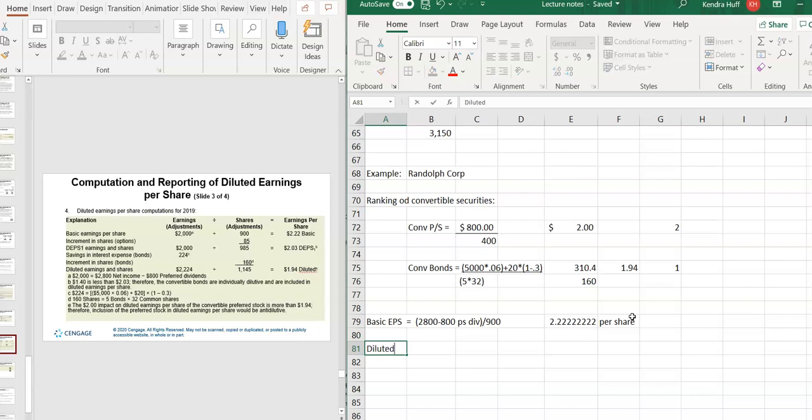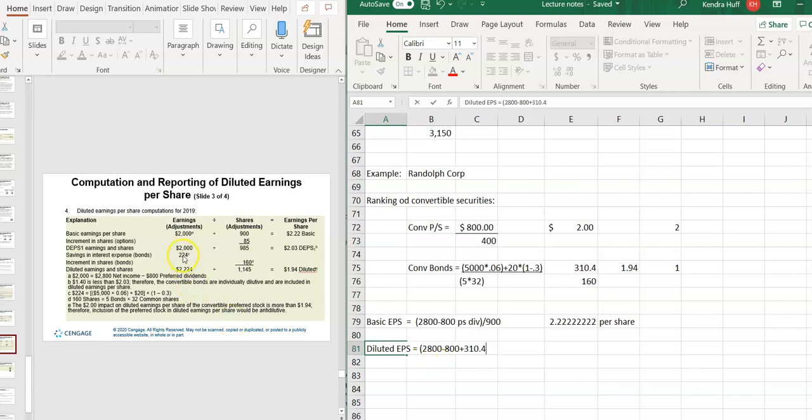Then for diluted earnings per share, it's kind of funky how they do it. They're going to do the bond stuff first. Okay, so it's going to be the 2,800 minus the 800, plus, in my case, 310.40, so we're going to get a different answer.